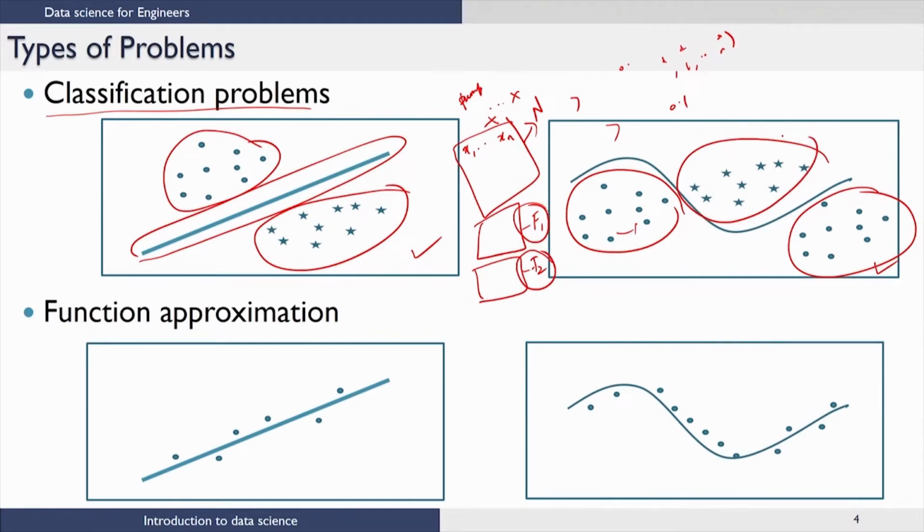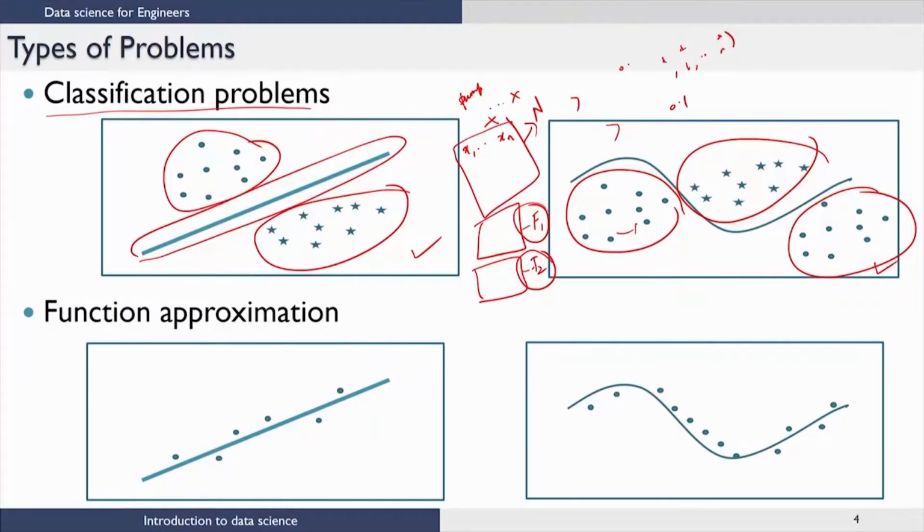However you try to draw a line, it would be very difficult or almost impossible in this case to classify these two classes with just a line in this 2D picture.